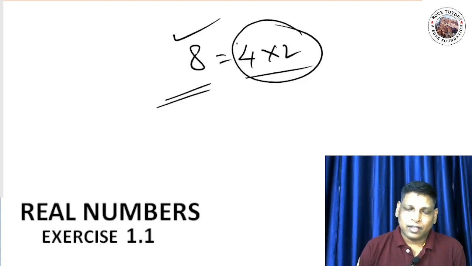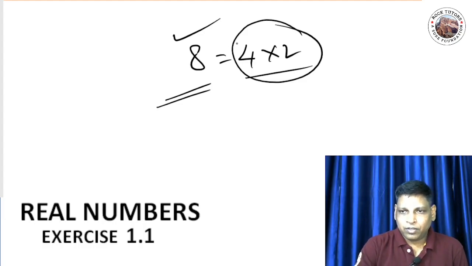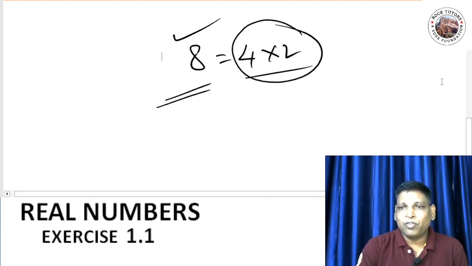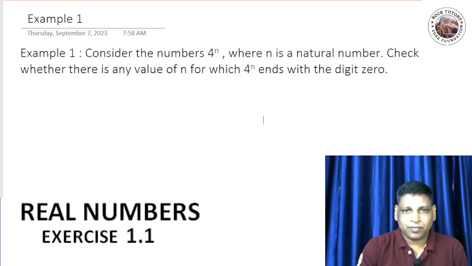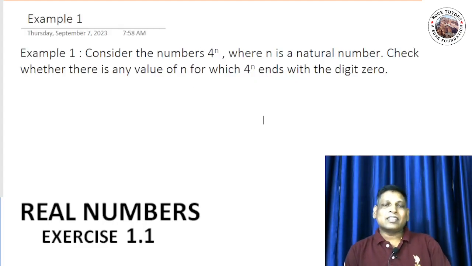Now we'll see the exercise and examples. First example, then we'll go to the exercises one by one. Example 1 says: Consider the number 4 power n, where n is a natural number.